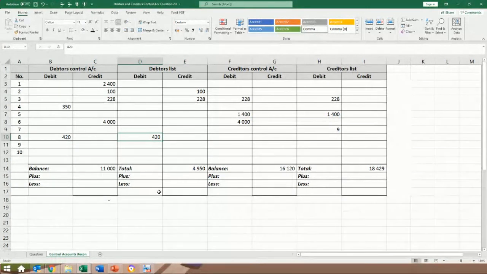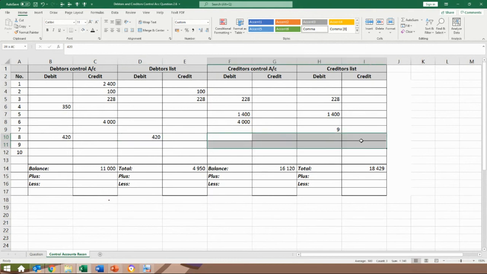So debtors control and debtors listing, that is what the amount should have been. But what would we have done with the creditors? Because we captured it as a creditors invoice, we would have credited the creditors control account and creditors listing, not debited, because we accidentally thought it was a creditor's invoice as opposed to a debtor's invoice.